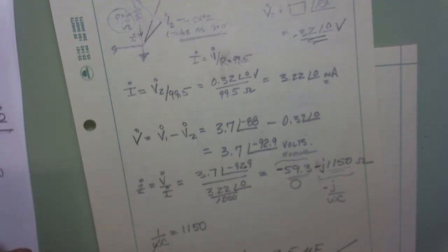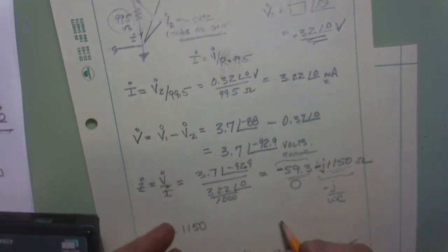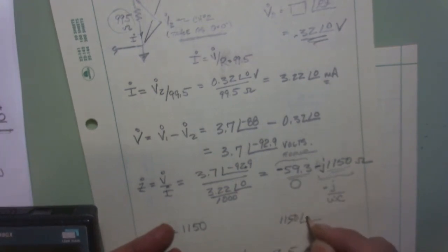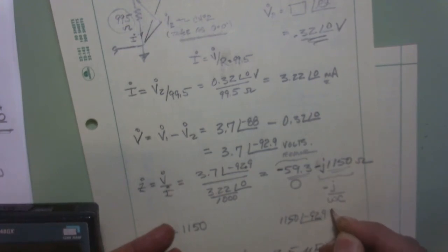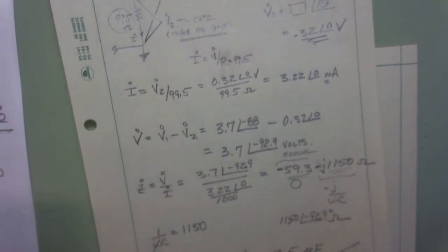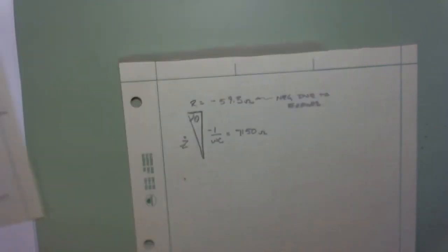There we go. So this turns out to be, well, this is so small, it's really about 1150 at minus 92.9 degrees. So if we were to write this in a polar form, we'd get something like that, okay?